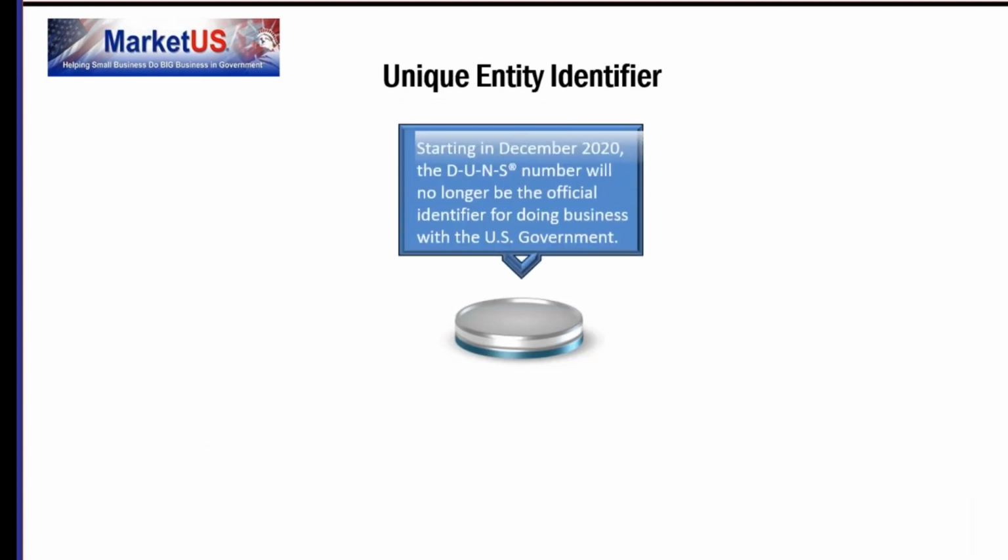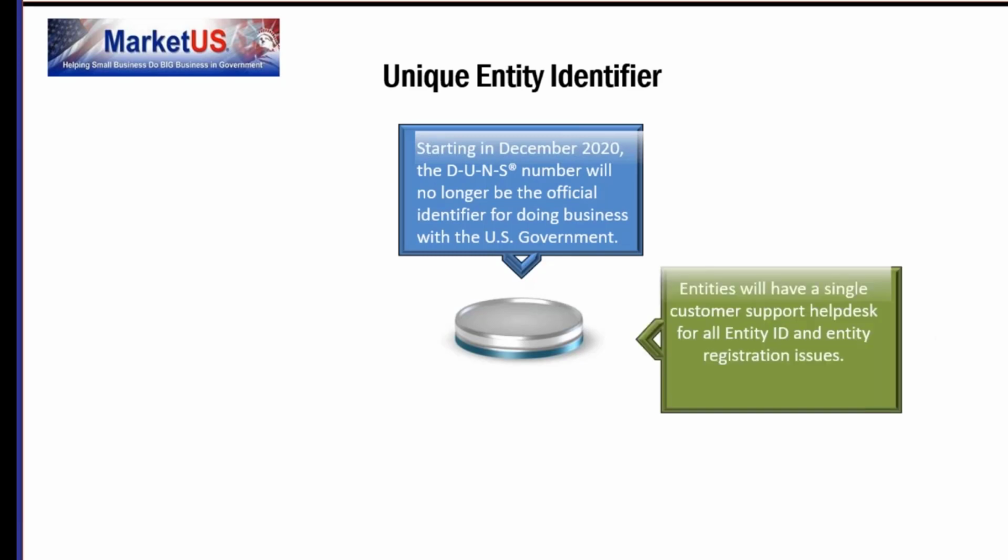What is a UEI? Starting December 20, you won't have a DUNS number anymore. Why? You'll have a single customer support help desk. Now, I have to go on record as saying I've dealt with them and it's very difficult.